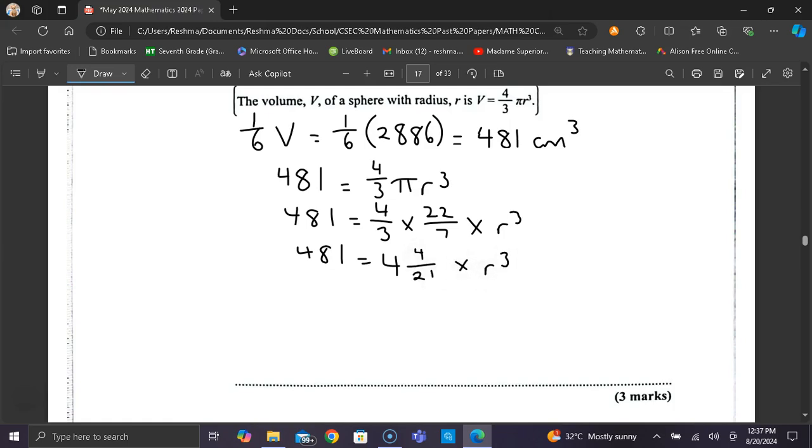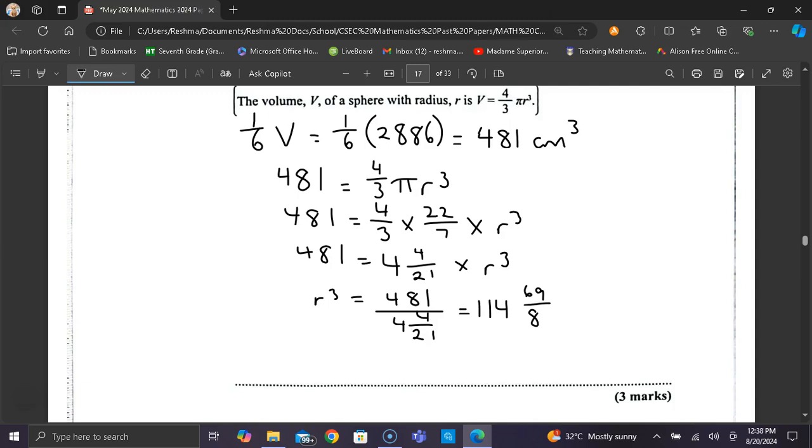To find r cubed now, we divide 481 by 4 and 4/21. Again, I'm going to write it down as the exact fraction, 114 and 69/88.